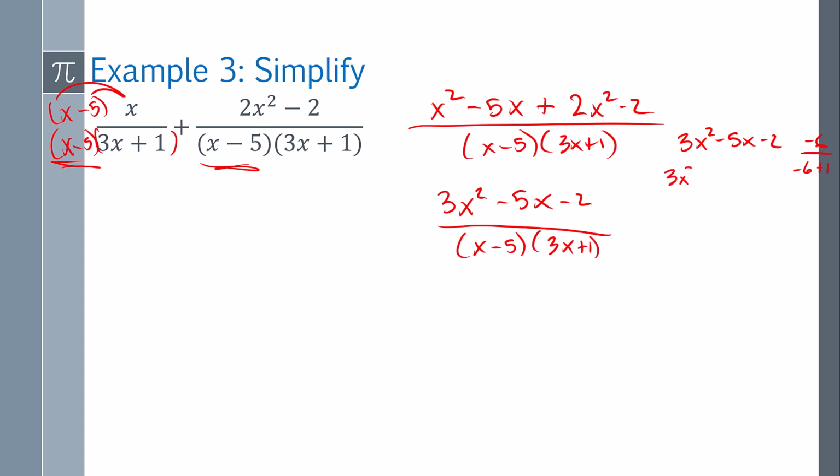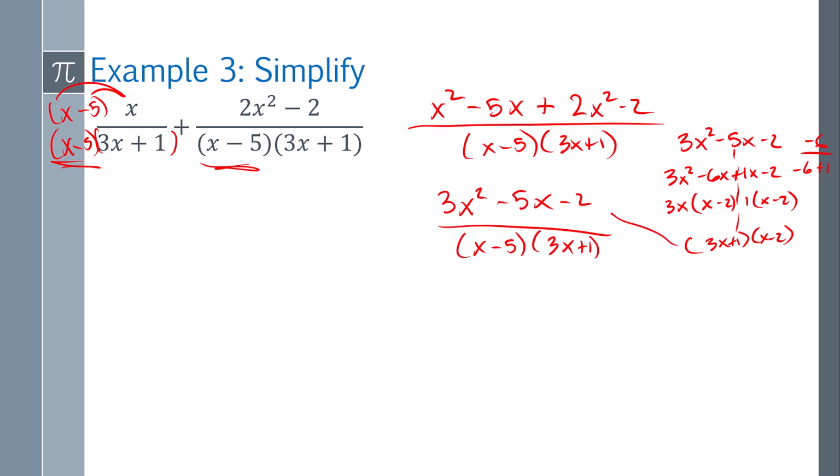So let's see if this works. Factor by grouping, I can factor out 3x, so I'm left with x minus 2. And then it's just a 1 times (x minus 2). So I get (3x plus 1) and (x minus 2).